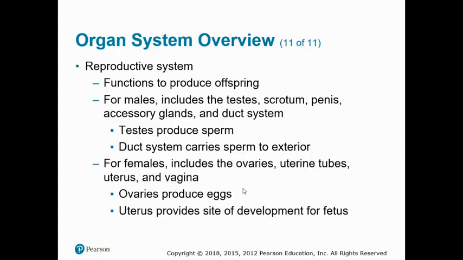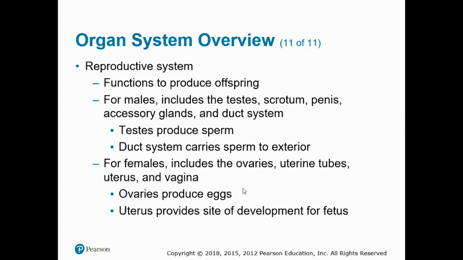Our last organ system is our reproductive system. This, of course, functions in producing offspring. For males and females, they include different organs. For males, this includes your testes, scrotum, penis, any accessory glands, and the duct systems, or the systems that are used to move things throughout the reproductive system.